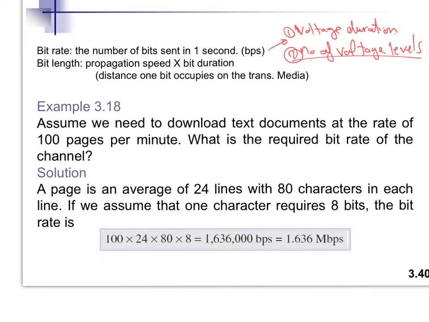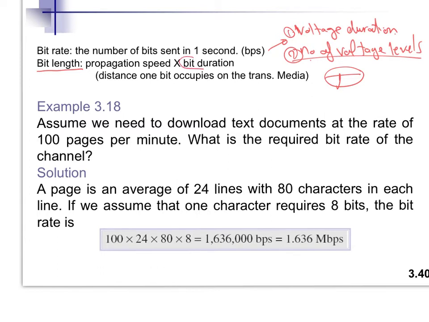Another important definition is the bit length, which corresponds to the wavelength. As we said before, the wavelength is the distance that the signal propagates in a duration of time equal to the cycle, or capital T. This is valid for a periodic analog signal. Digital signals are non-periodic in nature, so we do not have the concept of capital T, or the cycle time.